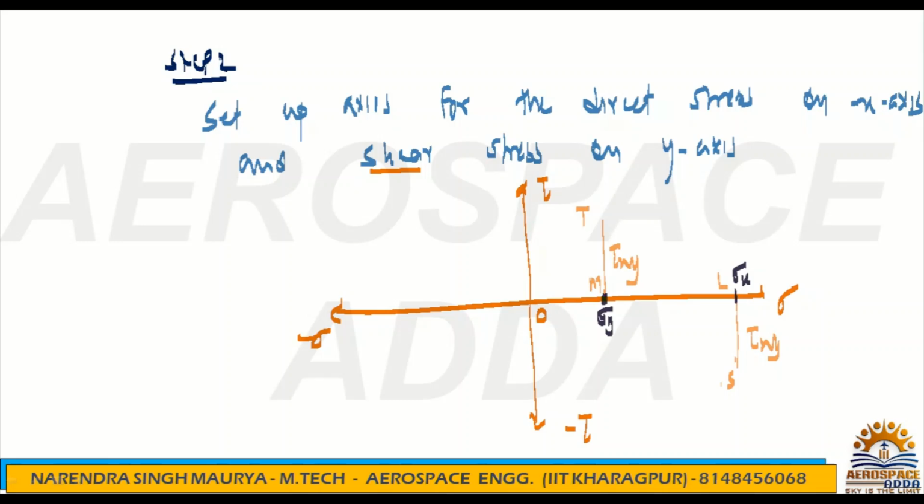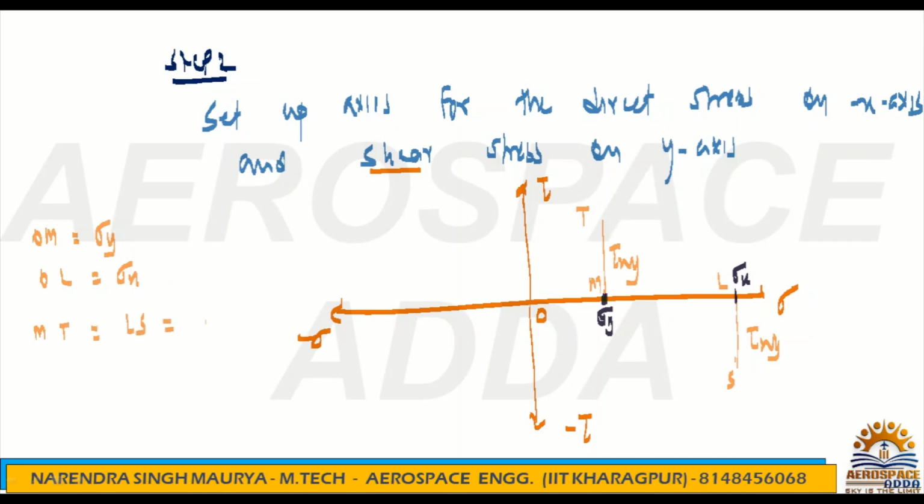Now always follow the instruction. What is OM? First, OM is nothing but sigma y. What is OL? It is nothing but sigma x. What are MT and LS?